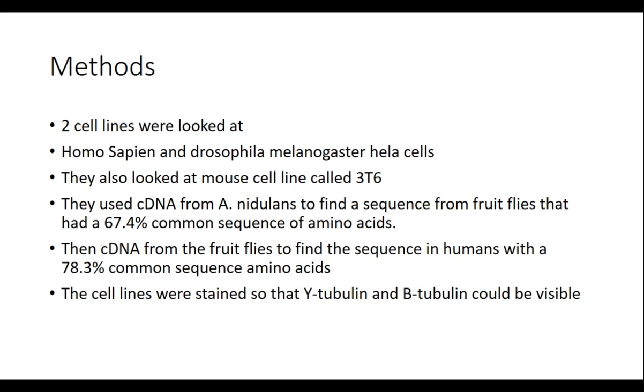Throughout what they were doing, they found that gamma tubulin might have been associating with the beta tubulin binding sites. So they needed to go through this long purification process, which is why they stained it with gamma and beta tubulin. It's very detailed and complicated, so I'm not going to go through it here, but I will mention that they did go through a purification process.